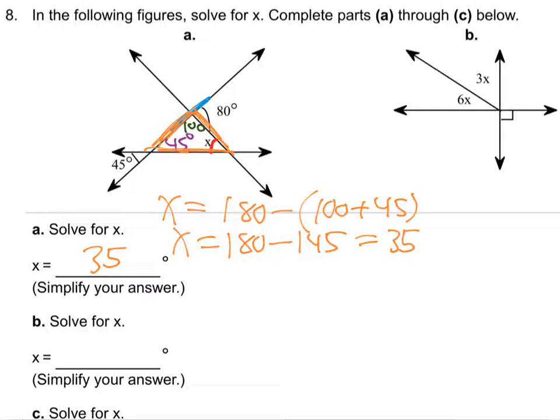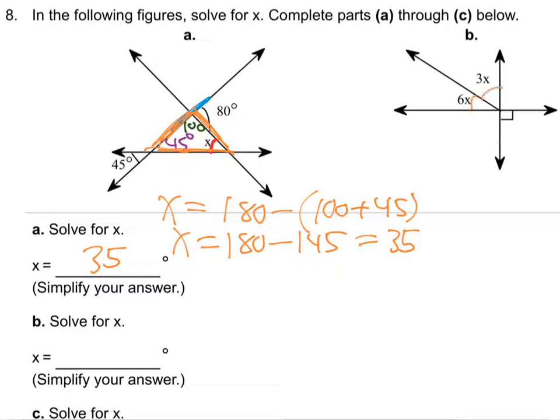Not too bad there. How about part B with the 3x and the 6x? We do 3x plus 6x equals 90. Yeah, they got to make 90, don't they? Because they're diagonal from this 90 degree angle together. Their total is got to be 90 degrees. Yeah, that's right.